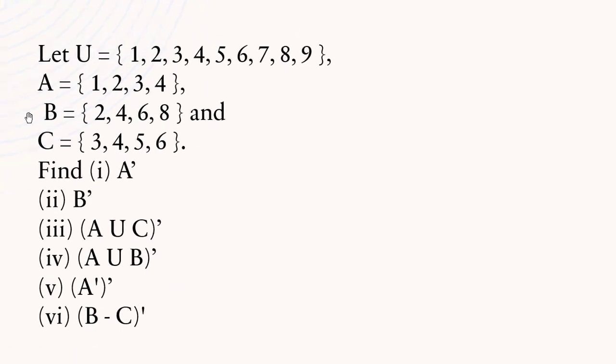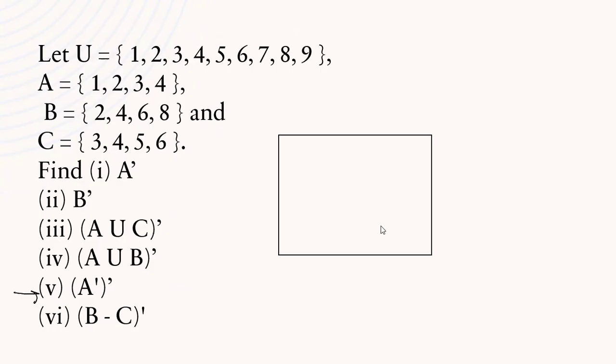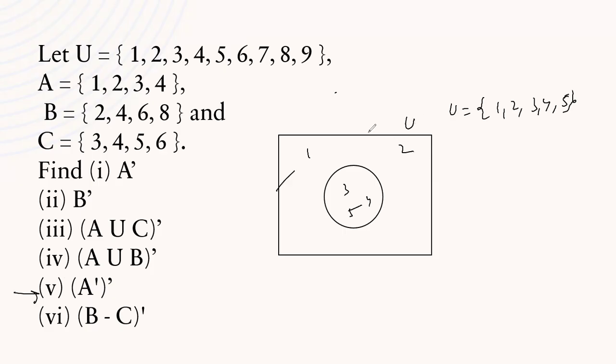And one more thing I want to tell you, because question number 5 contained that thing. If you have a set, let us say 1, 2, 3, 4 and 5, here the universal set contains 1, 2, 3, 4, 5, because universal is full, everything.